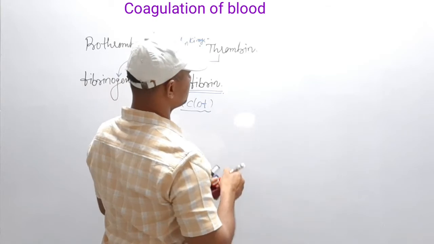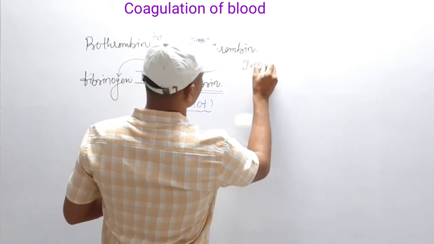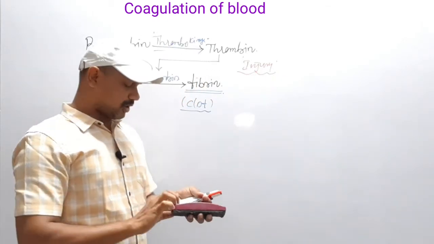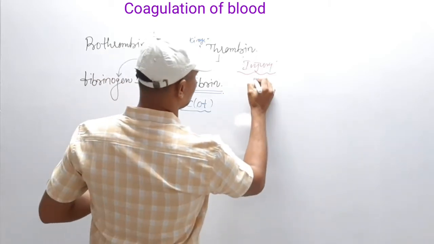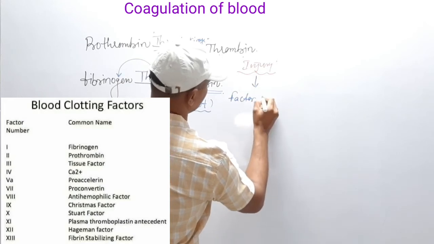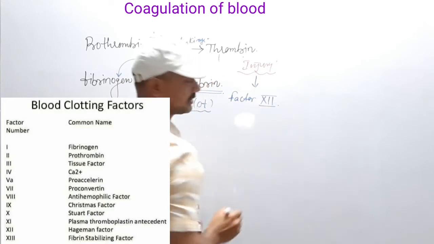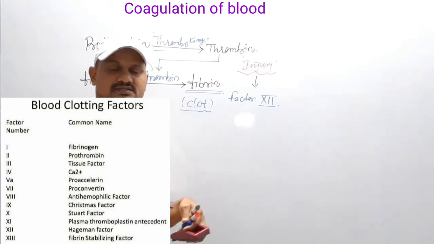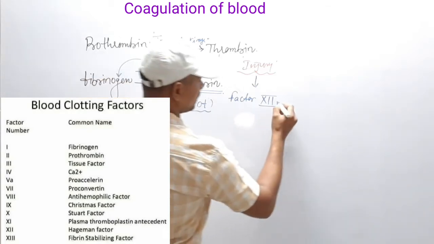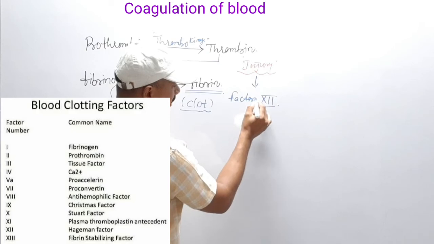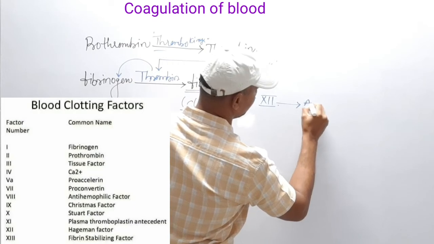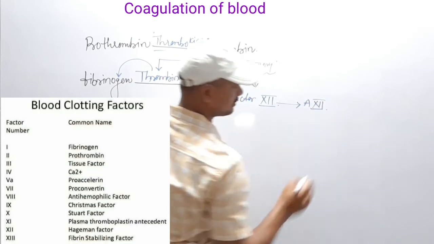For example, students, if any injury occurs to our body, that injured part alerts the first factor, factor 12, and it is converted into activated factor 12.